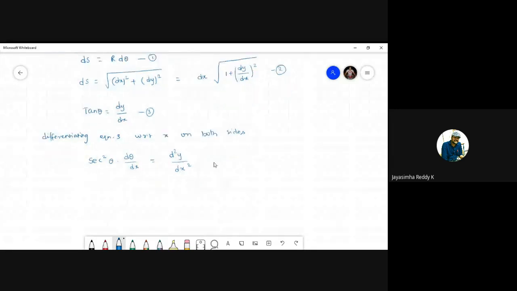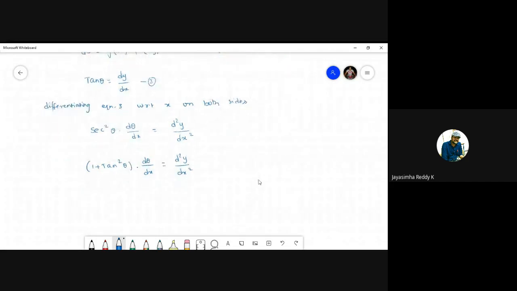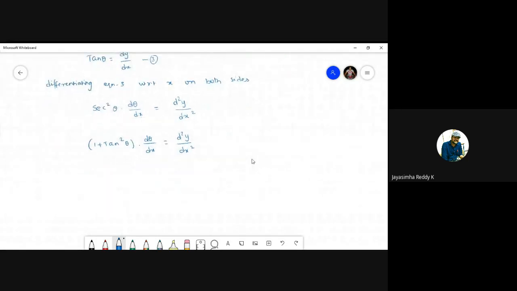So now secant square theta can also be written as 1 plus tan square theta. Is it right? 1 plus tan square theta into d theta by dx is equals to d square y by dx square. Now this equation, I just wanted to make it further more simplified. So based on equation 3, we have got tan theta is equals to dy by dx.